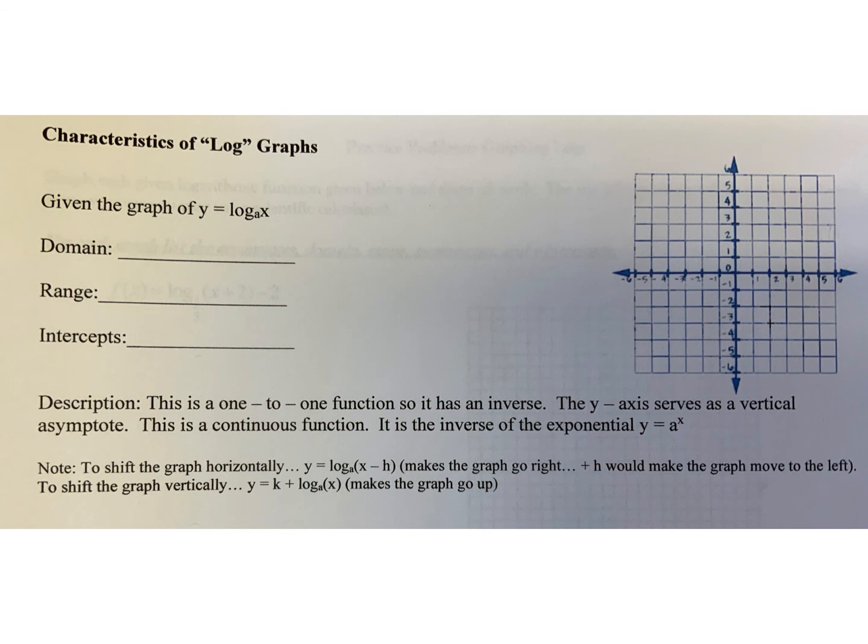Okay, I'm going to have a little thought bubble right here. If these are inverses, then this thing's inverse should be y equals a to the x. So I'm going to graph that inverse. If you remember anything about inverses from Algebra 2, they reflect over the line y equals x.